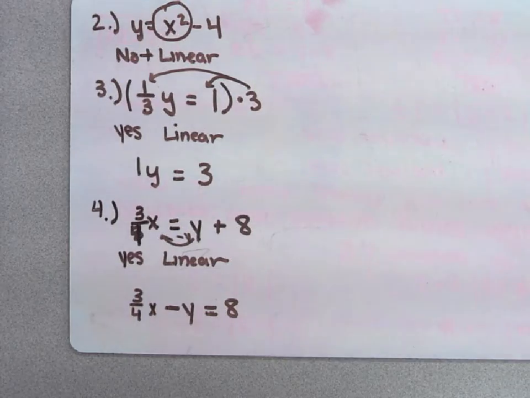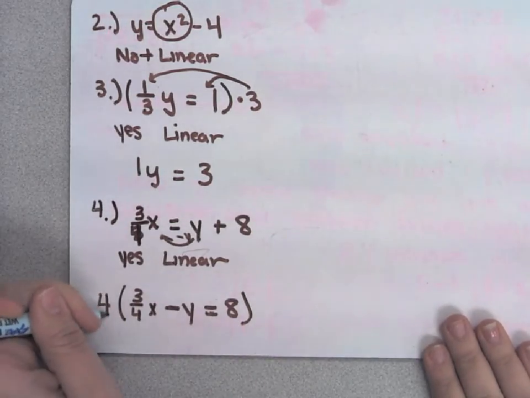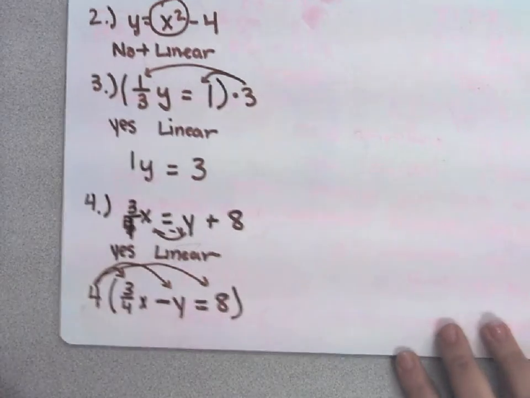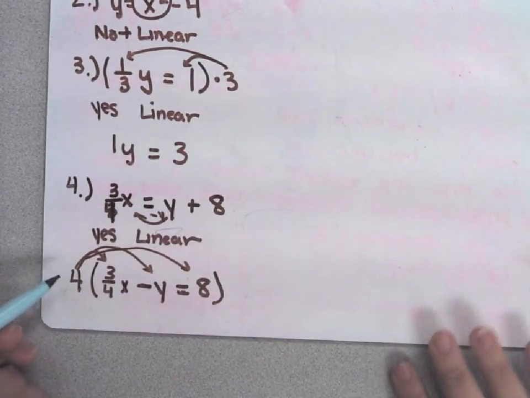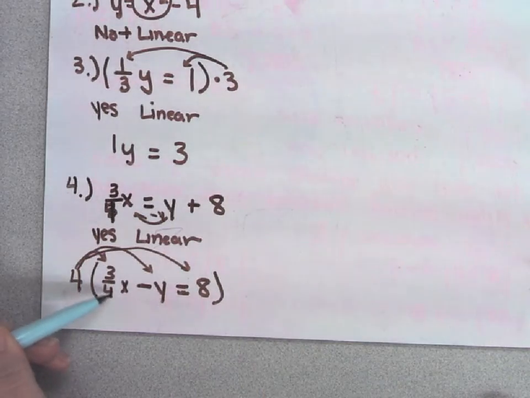Now, next question. Do we have any fractions? How do I get rid of that fraction? Multiply what by 4? Everything. And just distribute that 4 to every whole number in there. Do you know what happens when you have a big number 4 and a little number 4?